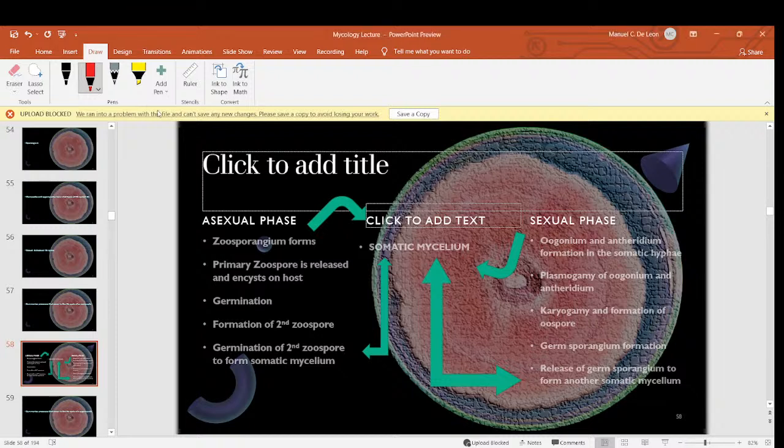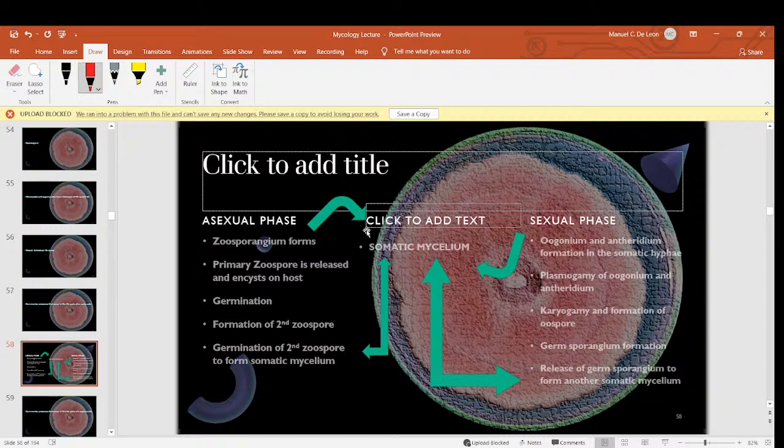Okay, so I think the best way to describe this would be we'll start with the somatic mycelium. As I mentioned before, the somatic mycelium is the one that germinates. It's the original, the progenitor of all of the things that we're going to talk about.